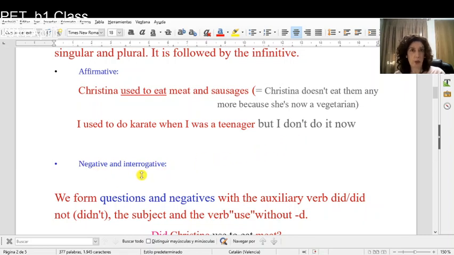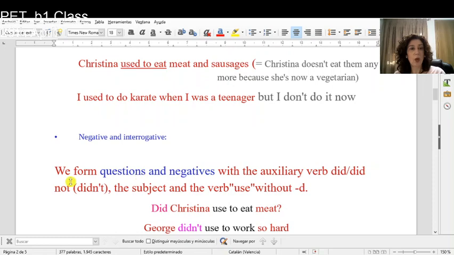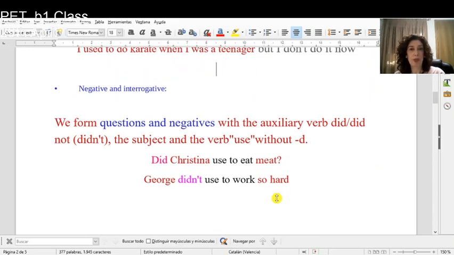Negative or interrogative form. We form questions and negatives with the auxiliary verb did or didn't, the subject and the verb use, of course, without the d, because it's infinitive. For example, auxiliary, did Christina use to eat meat? Auxiliar, sujeto y infinitivo.